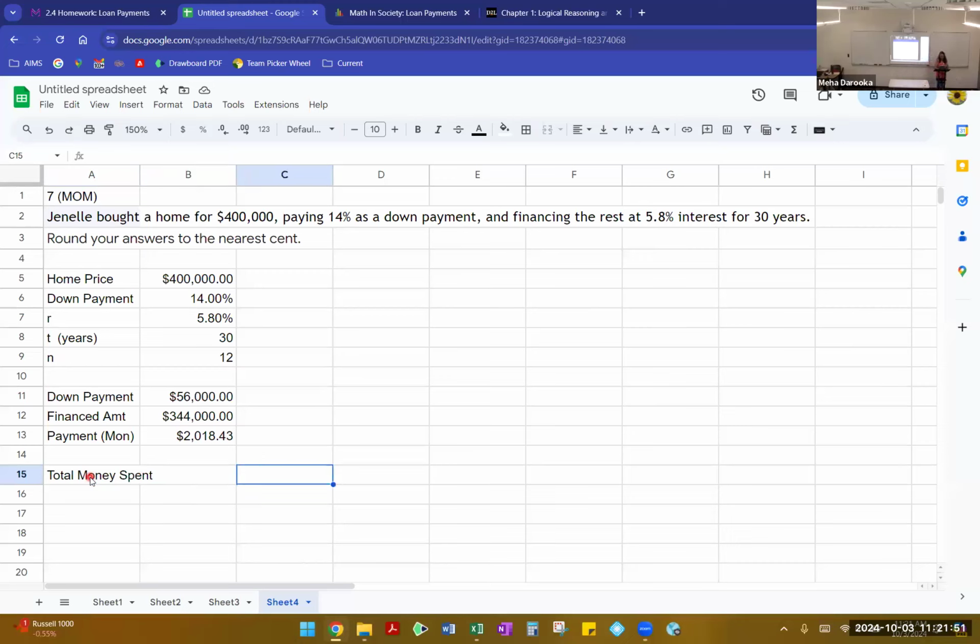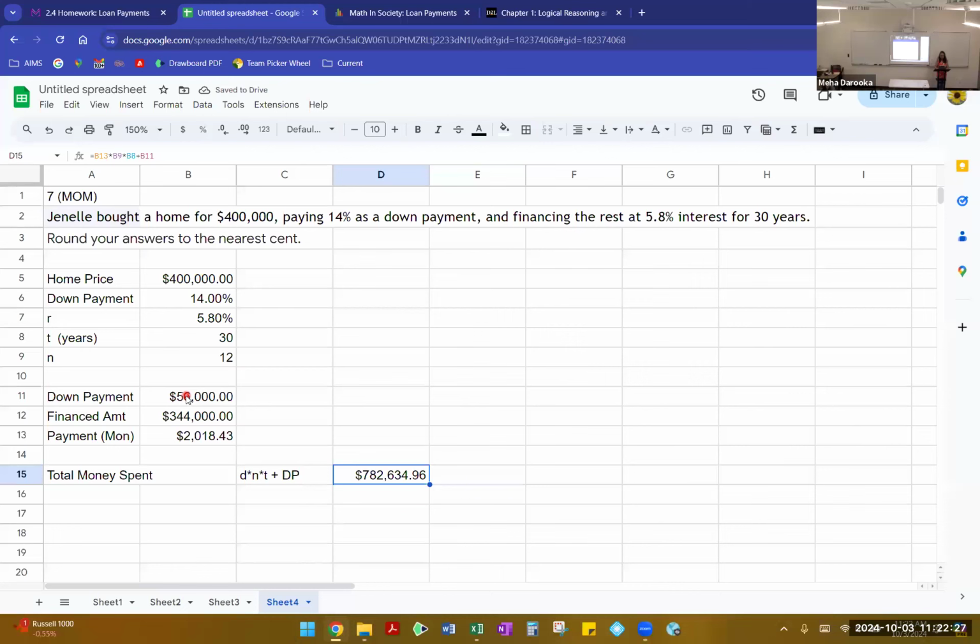It's going to be monthly payment, which technically we call D, times every month in a given year, so N, times the total length of the loan, so 30 years. And then to that, you add, as you said, the down payment. So this will be monthly payment times N times T plus the down payment of that 14%, $56,000.